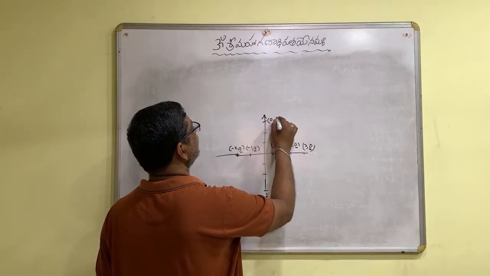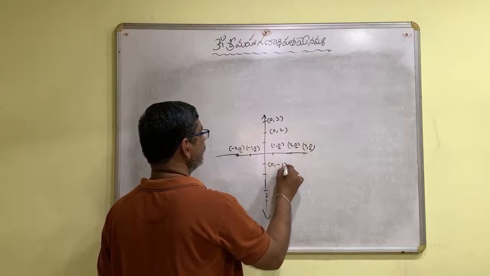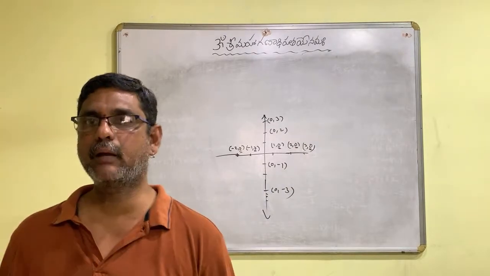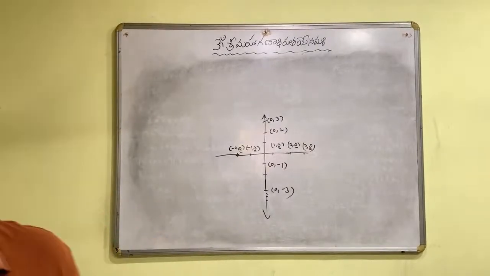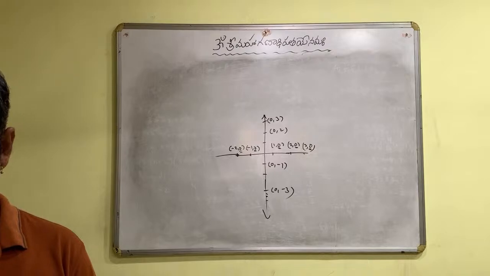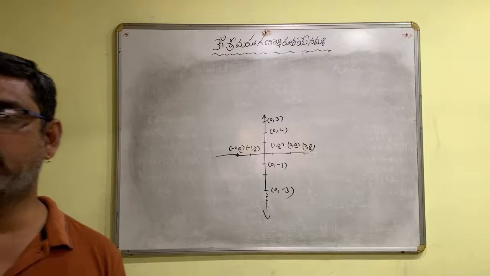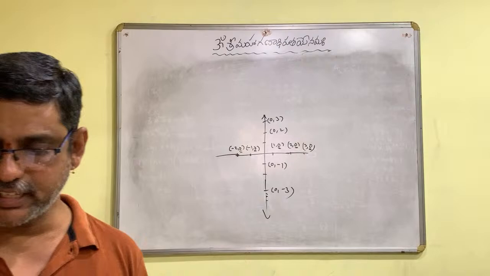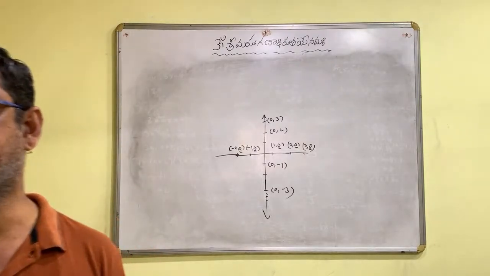This is 0 comma 3, 0 comma 2, 0 comma negative 1, 0 comma negative 3. You can observe that. So the 12th question is that one only. If the y coordinate of a point is 0, then the point always lies on x-axis.